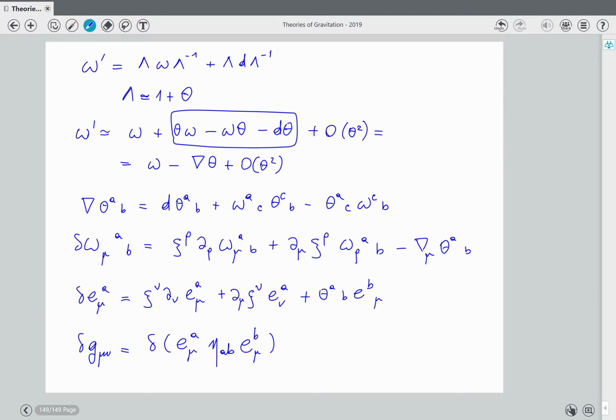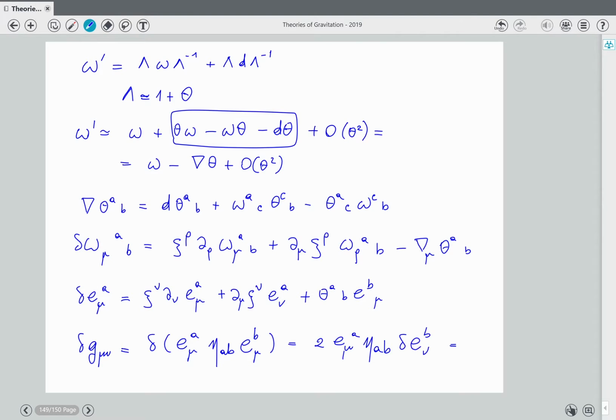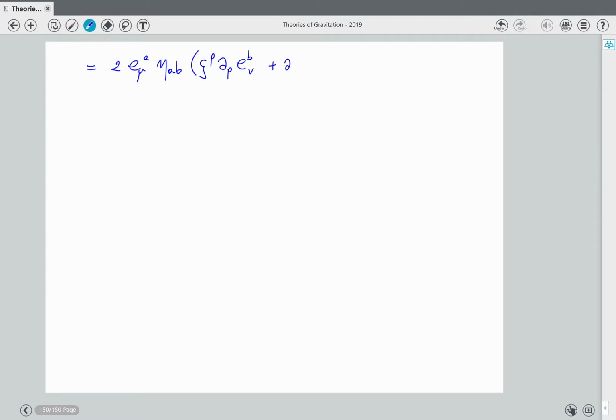The eta AB is symmetric, so you can write 2 e A mu eta AB delta e B nu, and that is equal to 2 e mu A eta AB psi rho partial rho e nu B plus partial nu psi rho e B rho plus theta AB e B theta C B C e C nu.